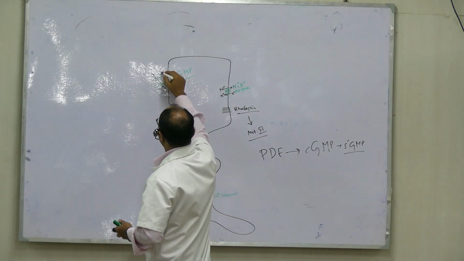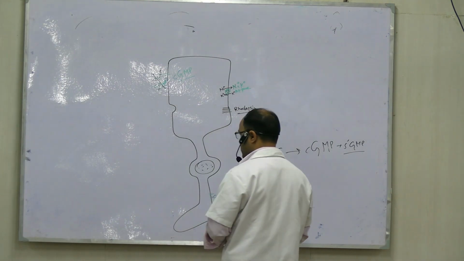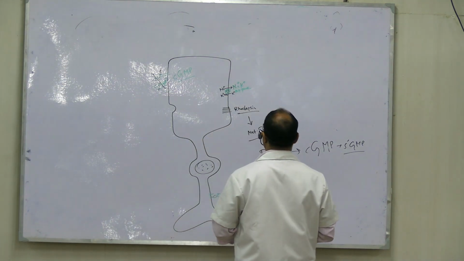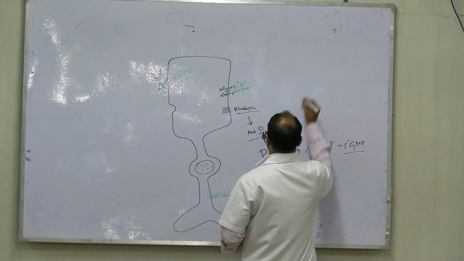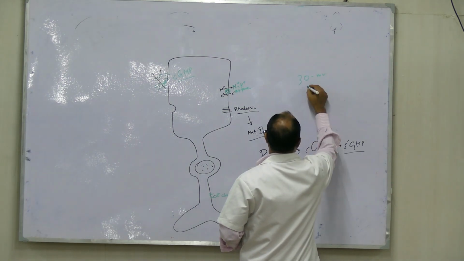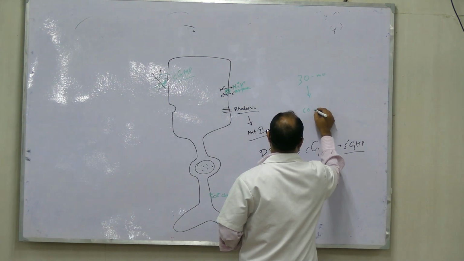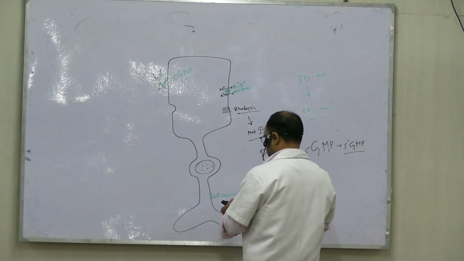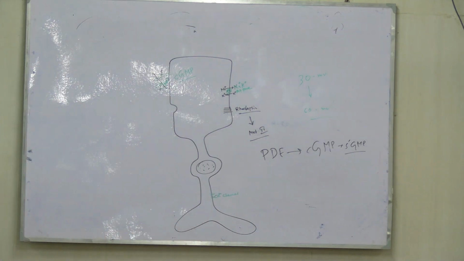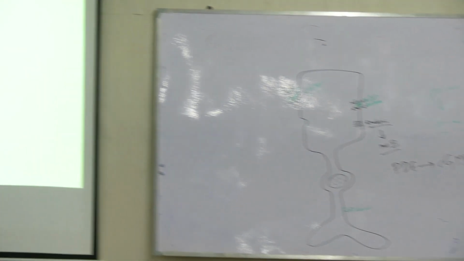So this channel is blocked. By this way, hyperpolarization occurs. Say normally it is minus 30 millivolt inside. On hyperpolarization, it may go up to minus 60 millivolt, for example. By this way, nerve impulse is generated. Understand?